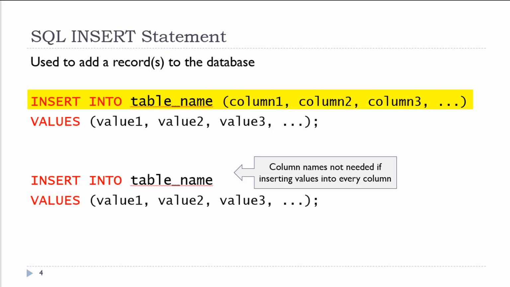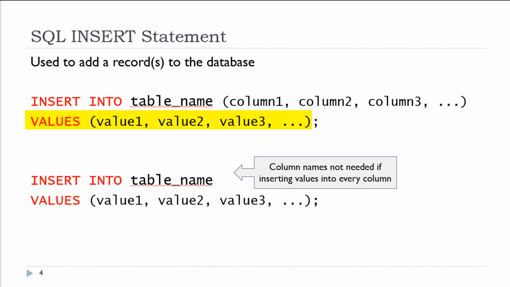The column names are specified in the parentheses. The values indicates the values that will be inserted into those columns in that order. You do not have to insert a value into every column if those columns can have a null value.